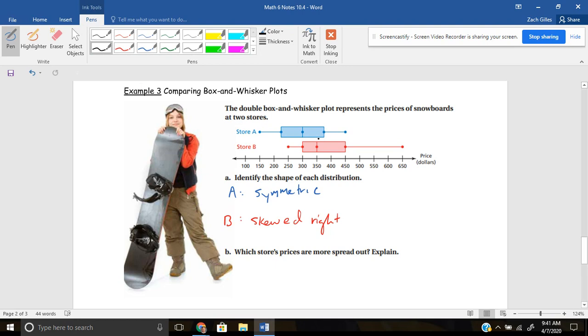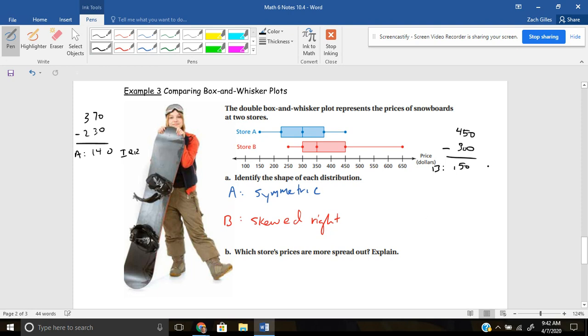The interquartile range for store A looks like about 370 minus 230, which would give us about 140 for my IQR for store A. What would the interquartile range for this one be? I'd take 450 and subtract 300. So that would give me 150 for store B.